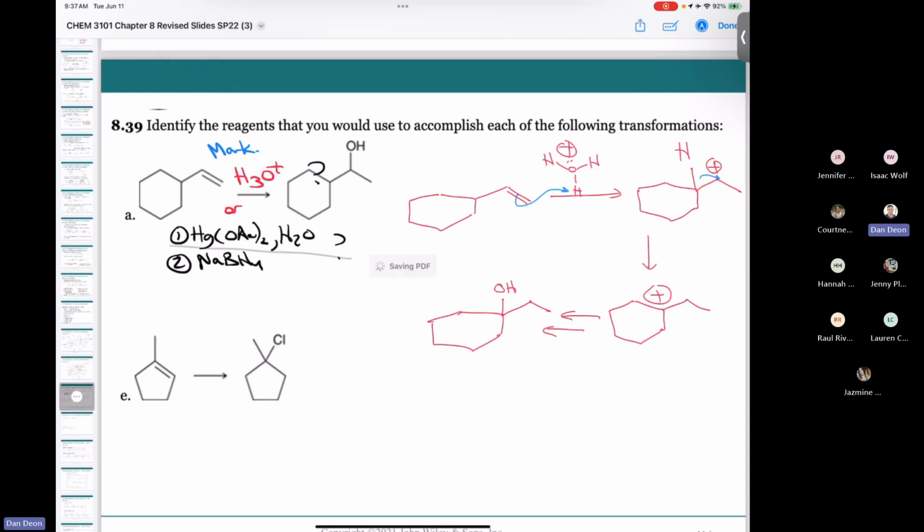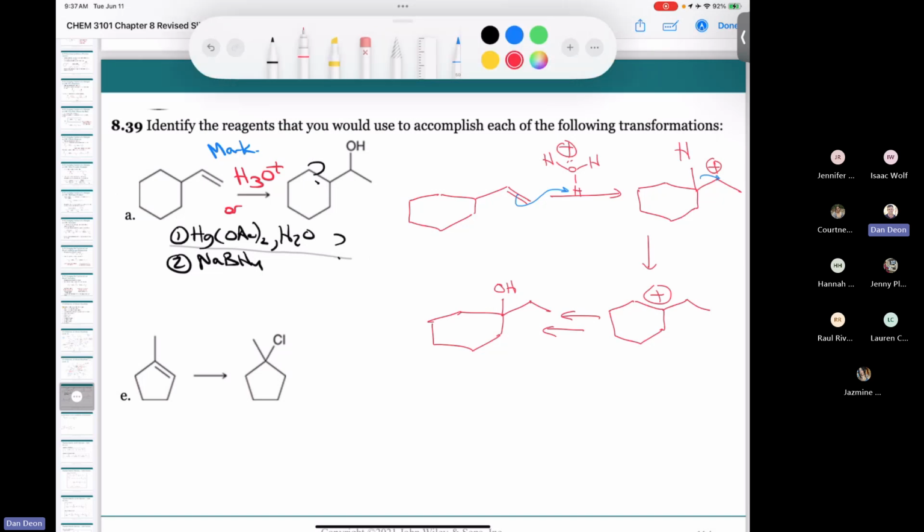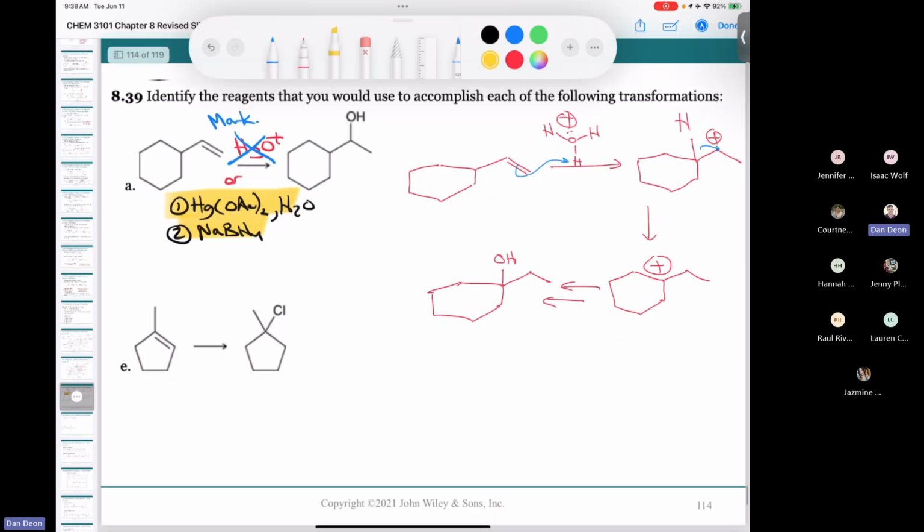It's a nice idea, but it's not going to work. There are the best laid plans of mice and men. So we're going to cross off the H3O plus. The only way you can get this to work is to use oxymercuration-demercuration, because you are going to avoid the carbocation rearrangement.